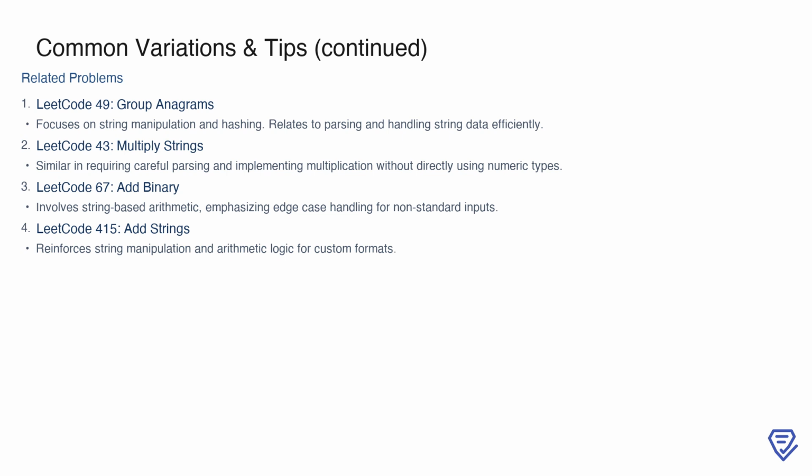Similarly, LeetCode 67, Add Binary, emphasizes string-based arithmetic and highlights the importance of handling edge cases for non-standard inputs. Finally, LeetCode 415, Add Strings, is highly relevant as it reinforces string manipulation and arithmetic logic for custom formats. Each of these problems can provide additional practice and insight into the skills needed for solving complex number multiplication.